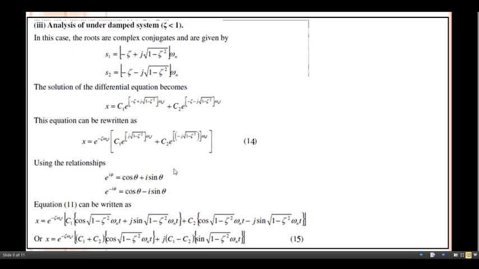Now the next case is the analysis of an underdamped system, when the value of zeta is less than 1. In this case, the roots are complex conjugates and are given by s1 equals minus zeta plus j into square root of 1 minus zeta square into omega n, and the second root you can get in this way.